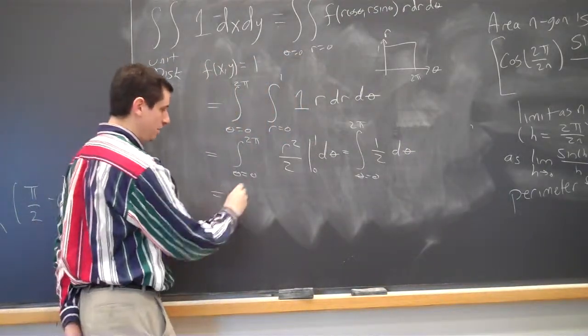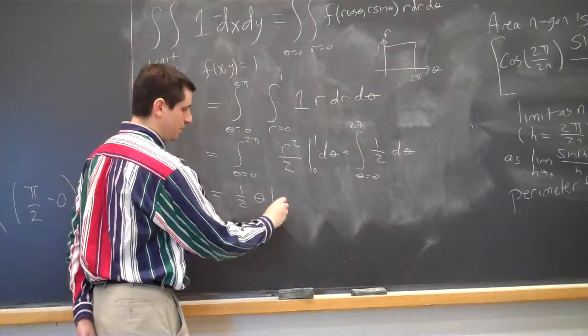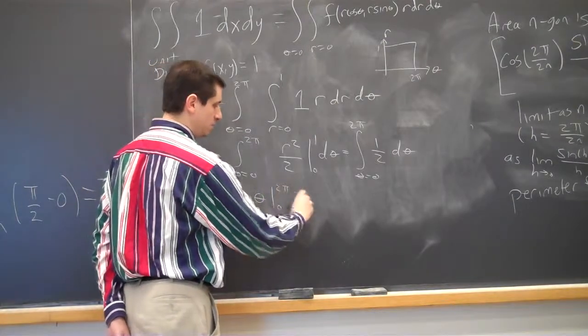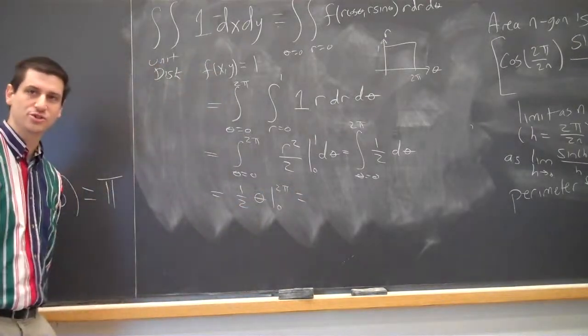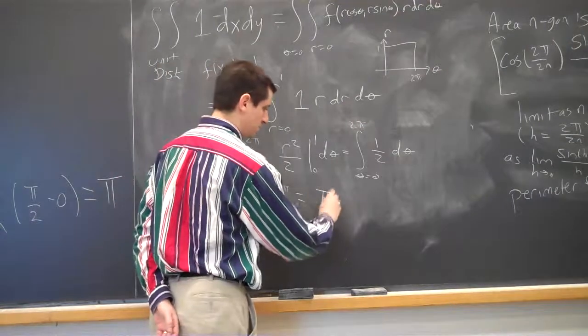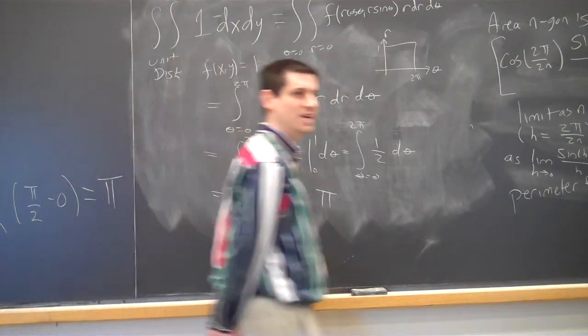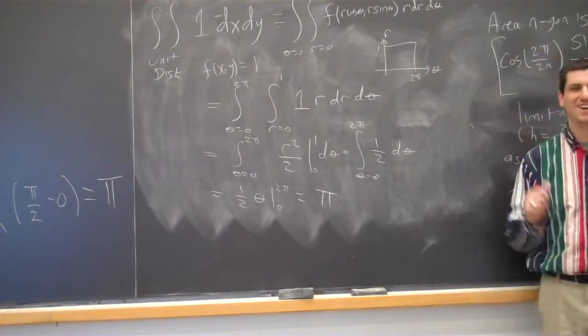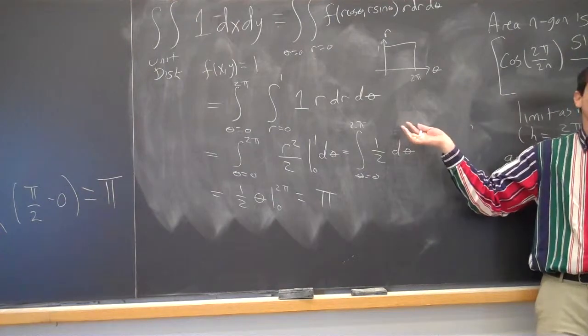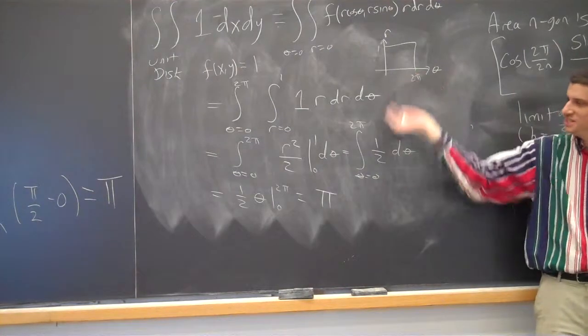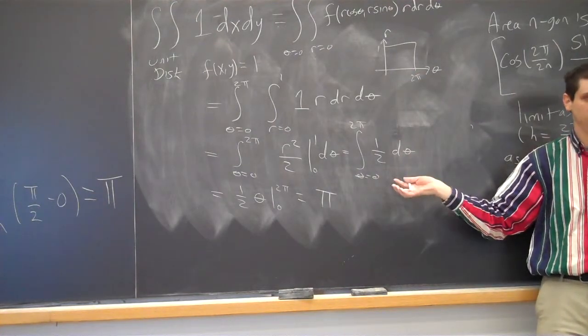Alright, well that's not so bad. That's just 1/2 theta, evaluated from 0 to 2 pi. So 2 pi divided by 2, it's just pi. For those of you watching this at home, you can't see both examples right now, but if you remember from what we had a moment ago, you can see that this is a much easier calculation.